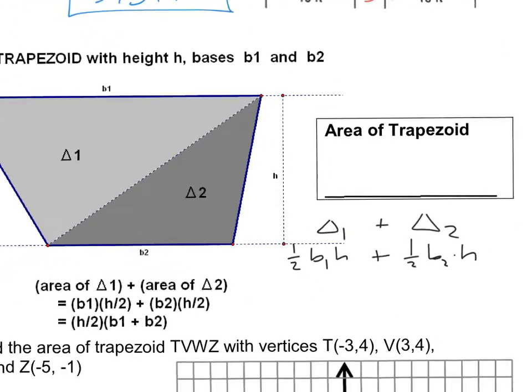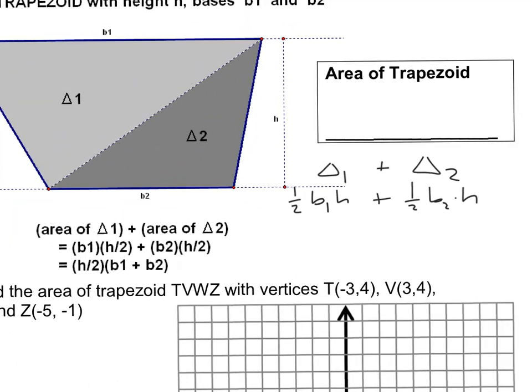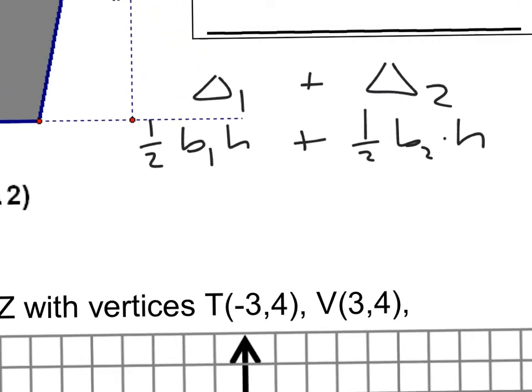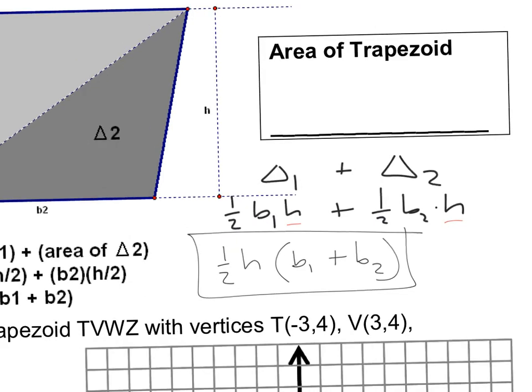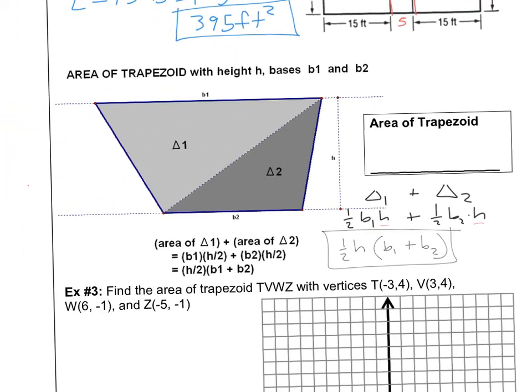Well, what they want you to see that you can do here is pretty much what they did here, is that you could factor out things that are in both. You could factor out a 1/2, so let's bring that out front. And you could factor out a height, because that's in both. It's the same height in both. When we do that, all that's left is base 1 plus base 2. And so that's the area formula for a trapezoid. So let's go ahead and write that in the box here.